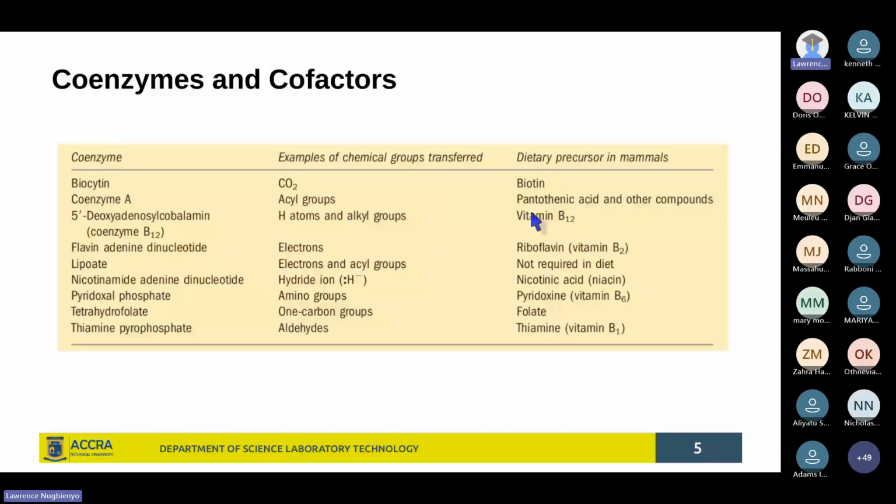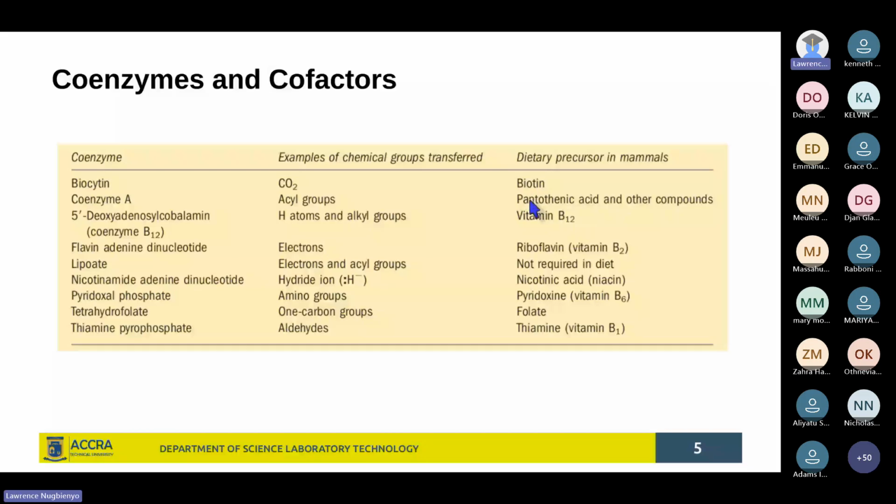Then another thing that you realize is that all these precursors, these inactive forms of the coenzymes, are some form of vitamin B. So all the vitamin B's, they act as coenzymes to different enzymes.